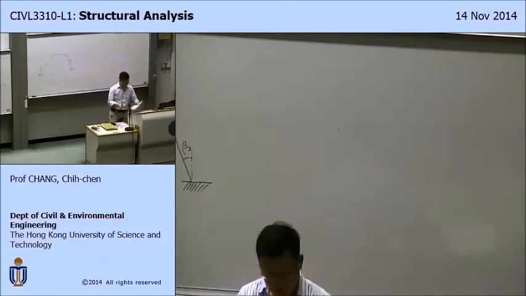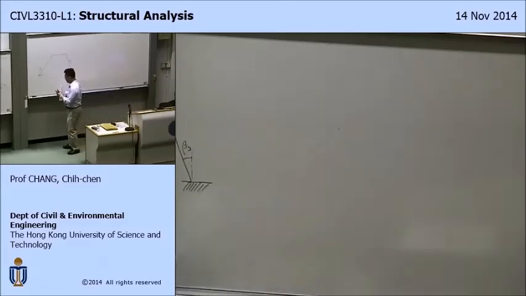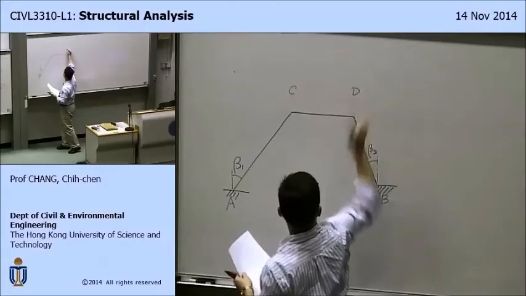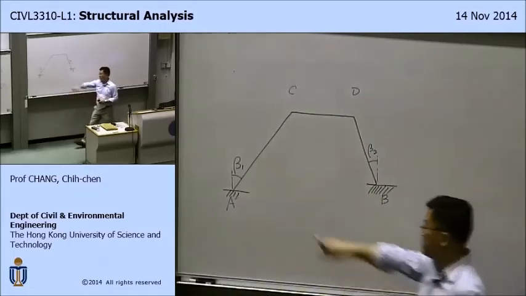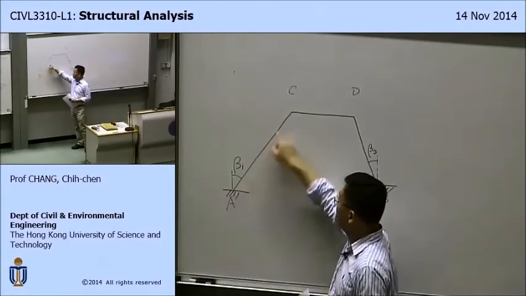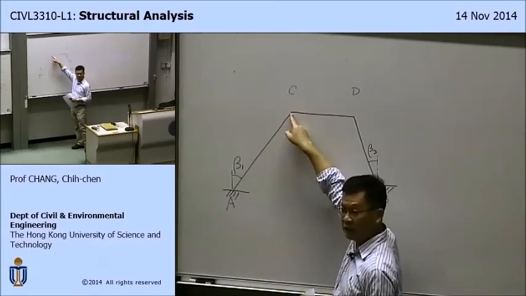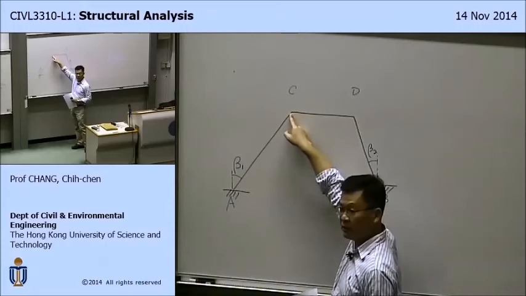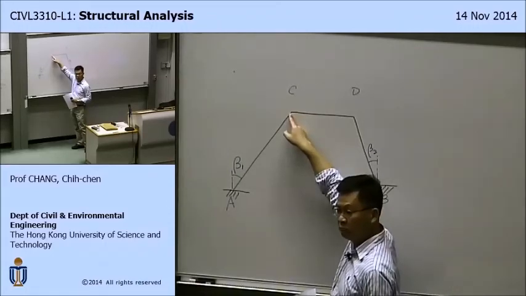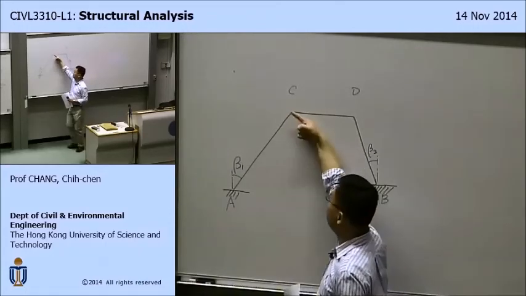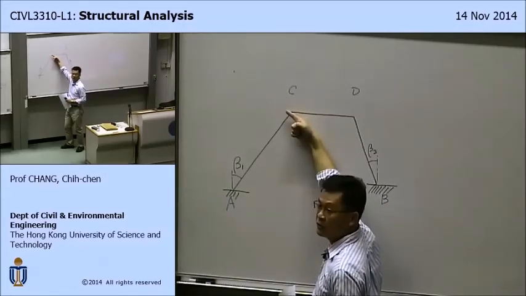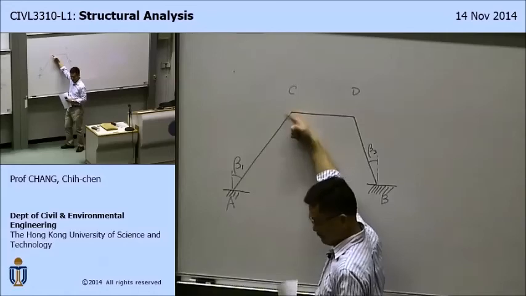How do I draw the deformation shape? I call this A, B, C, and D. This is a fixed end. So this point C, where is it going to go? It's going to move along the tangential direction, perpendicular to your component's orientation.